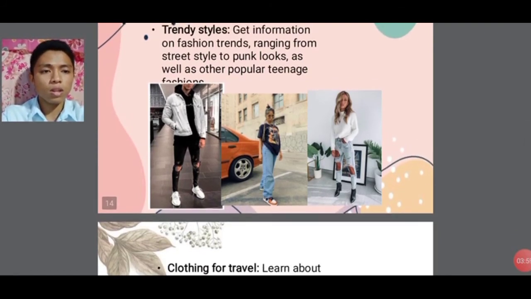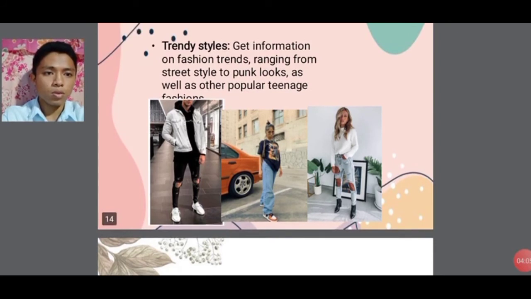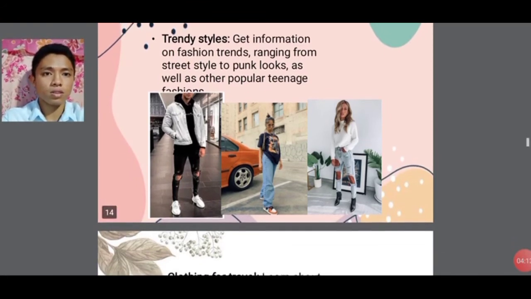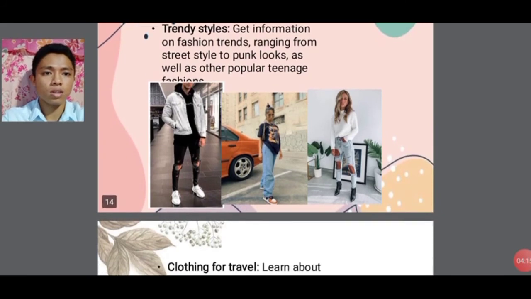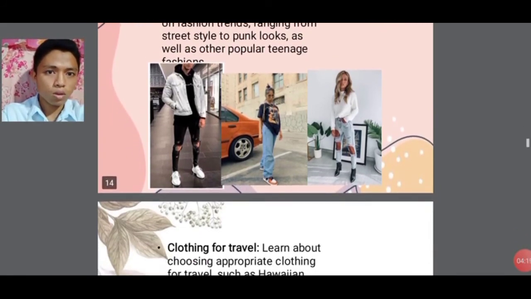So we tend to follow or wear what they are wearing too. So we just wear the latest trends or trend styles. So that is trendy styles. So as you can see, those clothing.